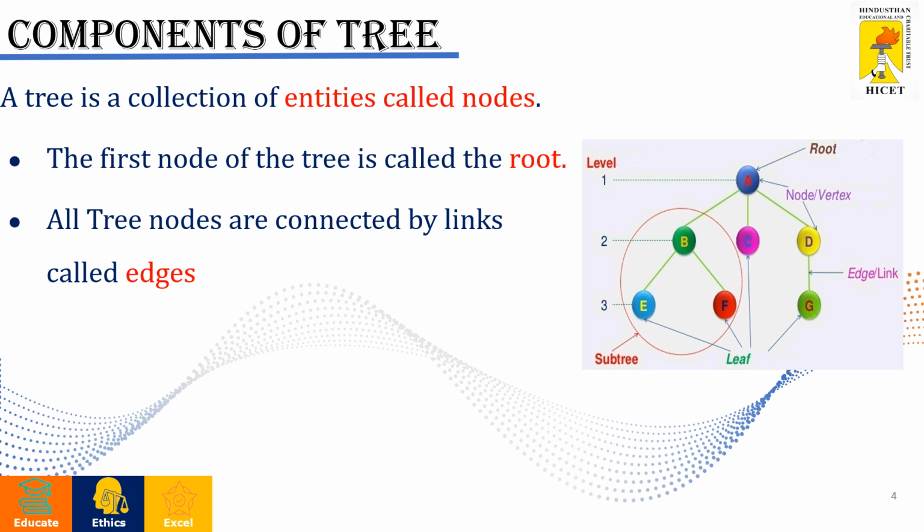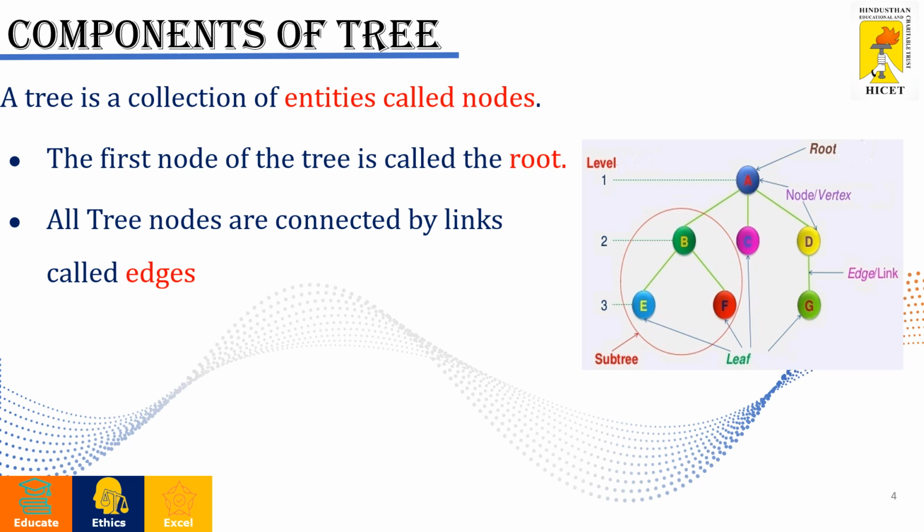So from the diagram, we can see A, B, C, D, E, F and G. All these are nodes, and each node will contain a value or data, and the nodes may or may not have children. Having children is not mandatory, so it depends. All these nodes are connected through lines, or you can call them links, called edges. So the node A here is called the root node.